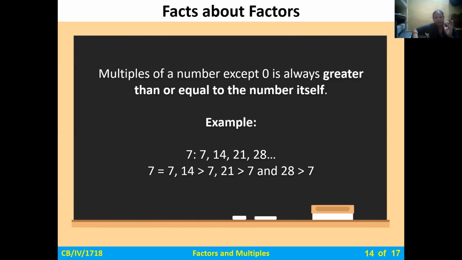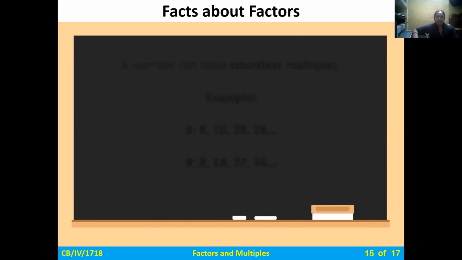So from here we deduce that the smallest multiple of a number is the number itself. Now the last fact is a number can have countless multiples.